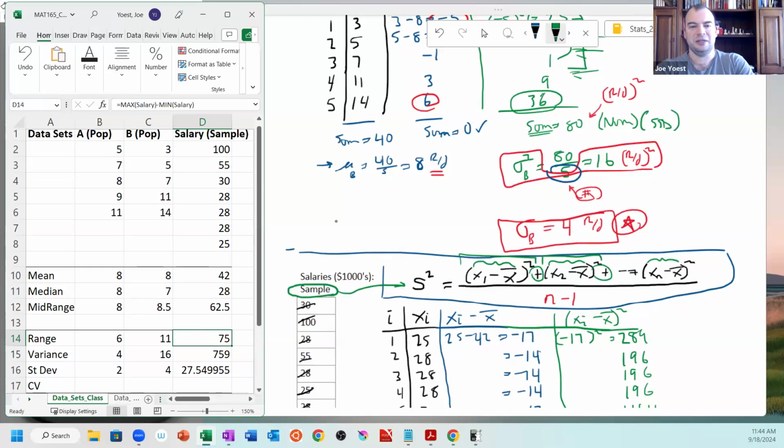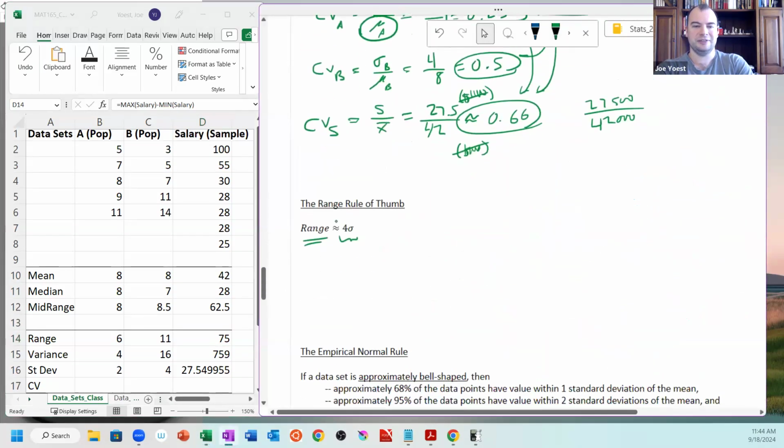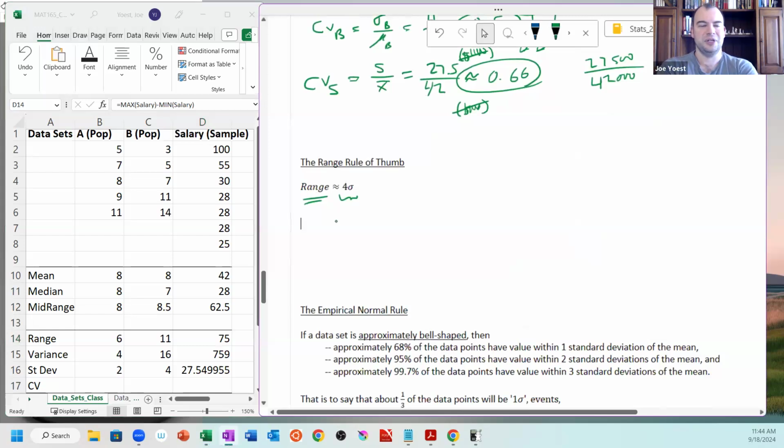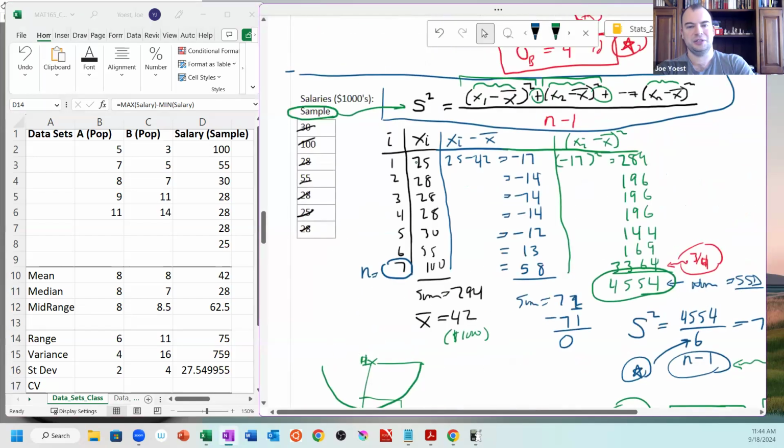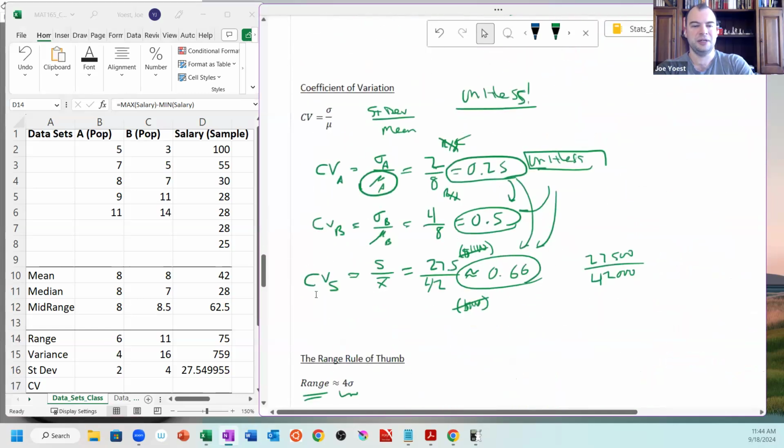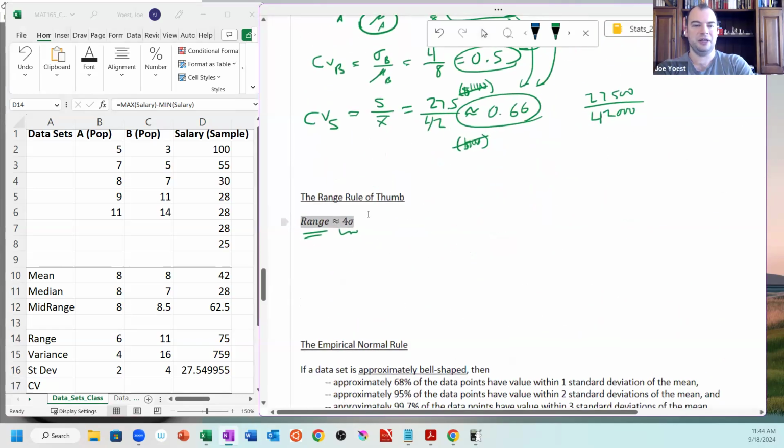So, not a hugely reliable and very accurate estimator, but for as difficult as it is to actually compute standard deviation, if I can say that a standard deviation is about a quarter of the range, if that can get me in the right order of magnitude anyway, maybe that's something.